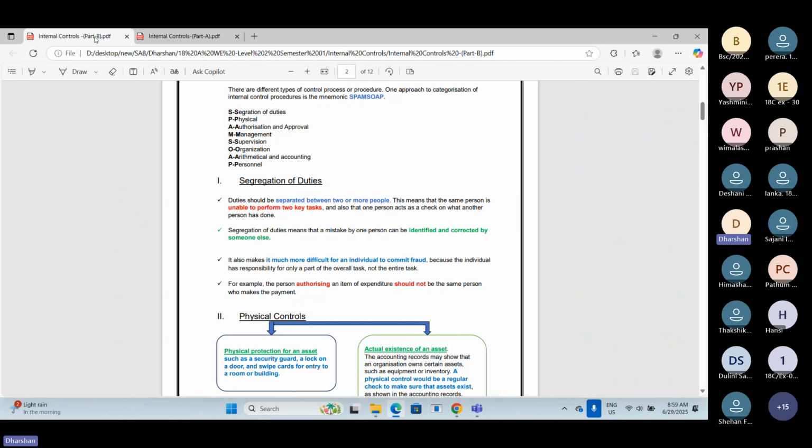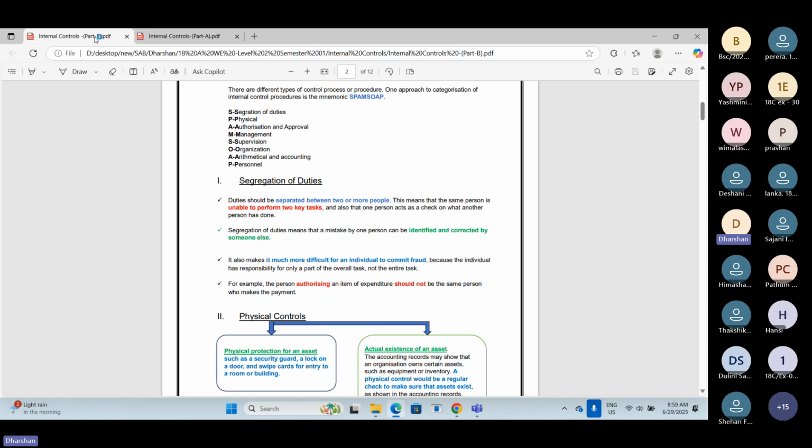Now, in order to make an effective and efficient internal control, which means a successful internal control, when you design and implement it, what are the things you should consider? Some components should be in those internal controls.